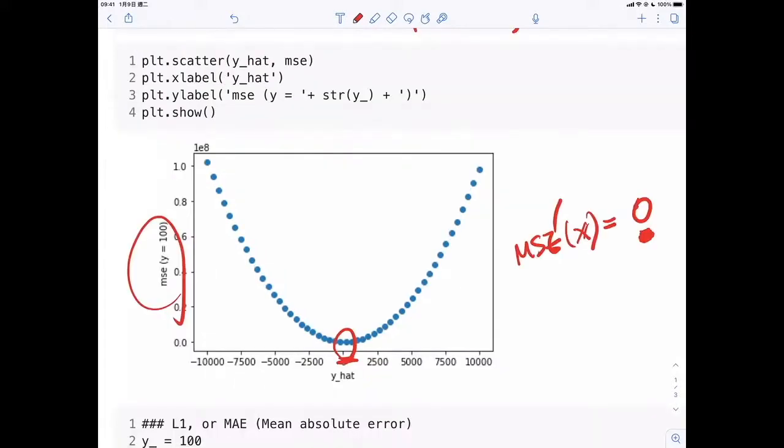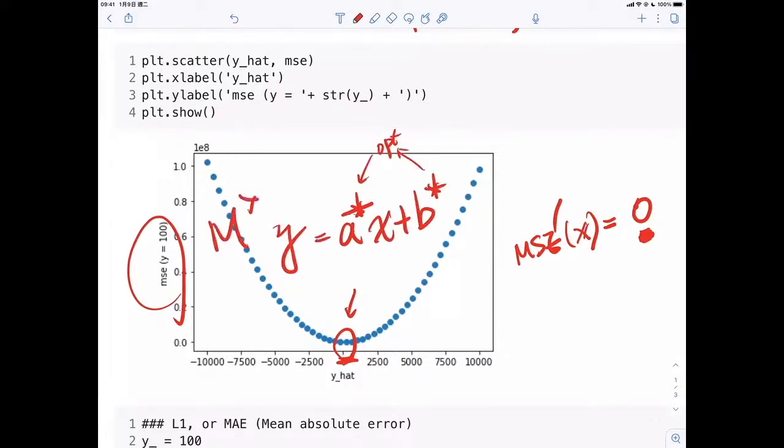No matter whether theoretically or in practice, we like to use MSE as our function to measure which model is the better model, because the L2 function can be differentiated and you can find the minimum value. So there's always an A star plus B star. Star means this is the optimized value. You can always find a model which is called M star.